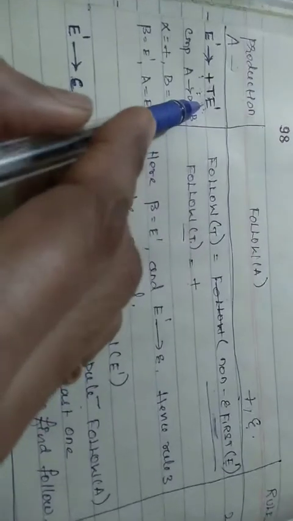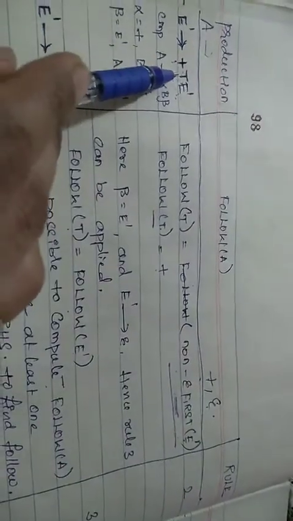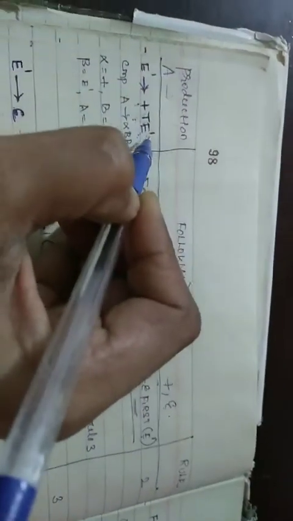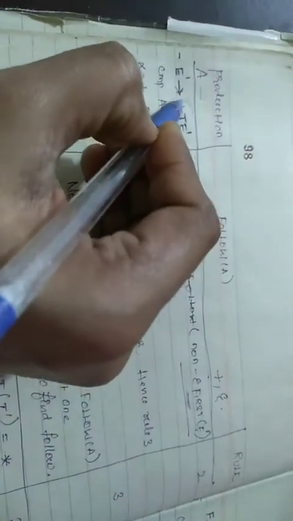Now there is one more non-terminal here. To one non-terminal I have applied. Which non-terminal is that? T. Now to one more non-terminal, what is that? E dash. Apply B to that. So obviously your beta will become epsilon. Now your alpha becomes plus T, no?